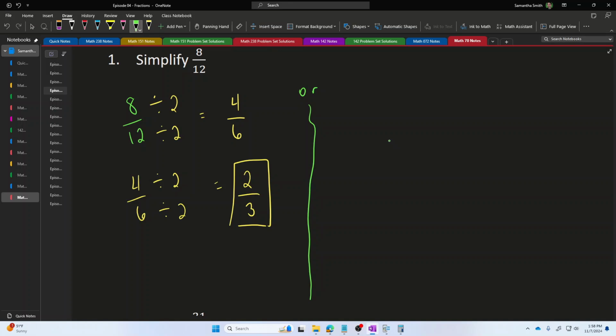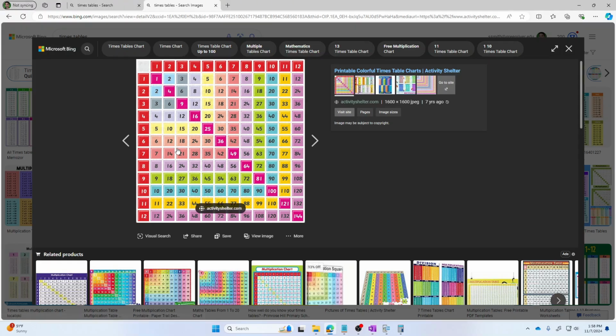Alternatively, looking at this problem, you may have noticed or may have, for example, seen in the times table that 8 and 12 both show up in the row that's labeled 4 on the side. 8 and 12 are both showing up in the row labeled 4. 4 goes into 8 two times, and 4 goes into 12 three times.